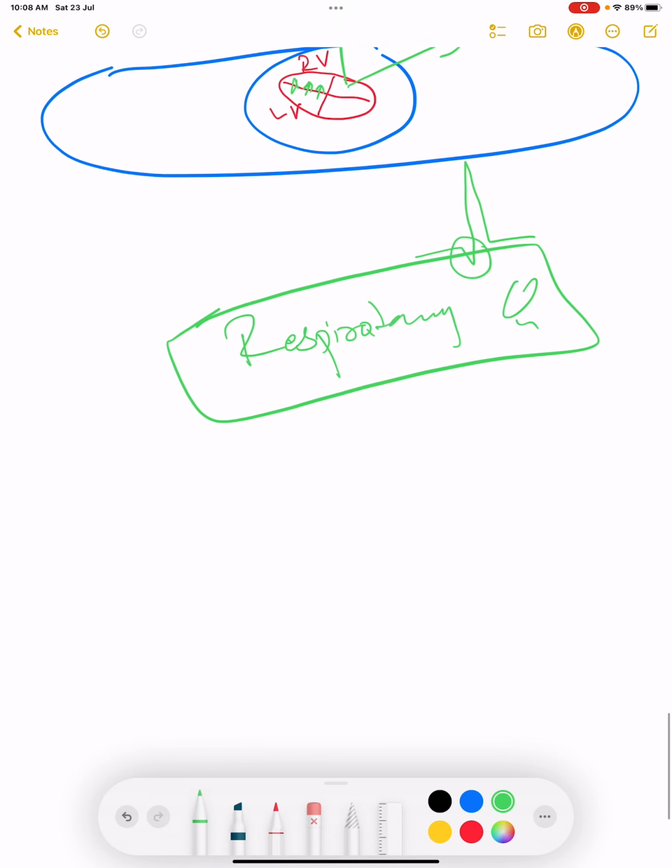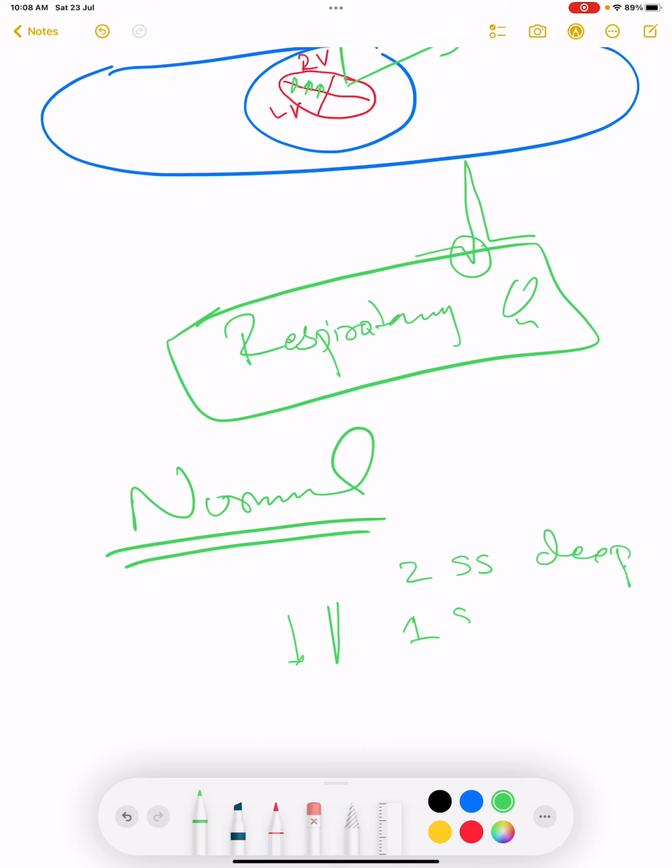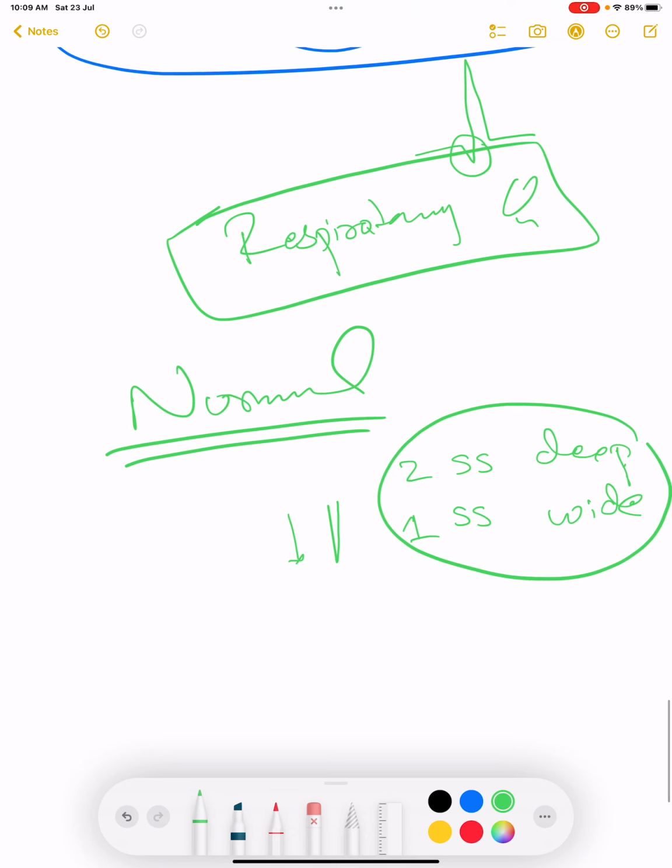So there is also a criterion for differentiating a pathological Q wave from a physiological Q wave depending on the size. A normal Q wave should be a maximum of 2 small squares deep and 1 small square wide, or you can say 2 millimeters deep and 1 millimeter wide.